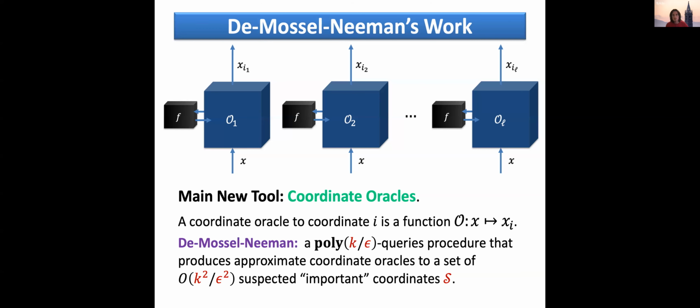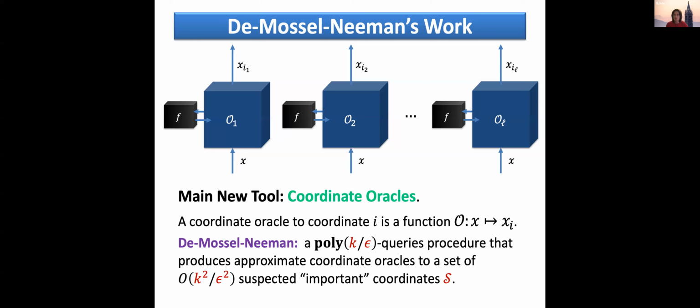The high-level idea is that if G is the closest k-junta to f, it depends on some k coordinates, say we'll call the set T. The idea that we would like to be true is that T is within S. Somehow we are able to get oracle access to the coordinates that G depends on.